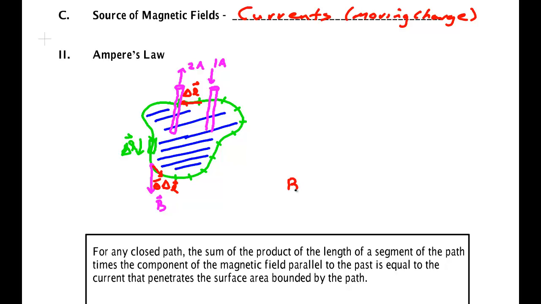If you take B, the strength of the magnetic field, and the small length, delta L, and you take the cosine of the angle, that is, if you find out how much of B lies in the direction of the red arrow, and if you were to sum that up all the way around this green curve, you would get a number.